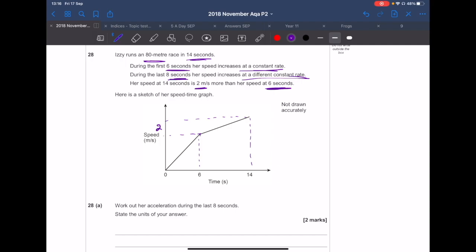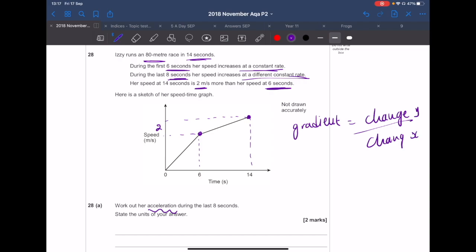Work out the acceleration during the last 8 seconds. So between 6 and 14. Looking at this graph here, we're looking for acceleration. So acceleration from the graph can be worked out as the gradient. The gradient for this graph will be change in y over change in x.